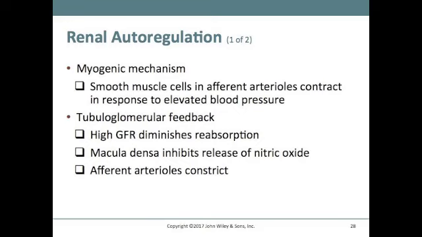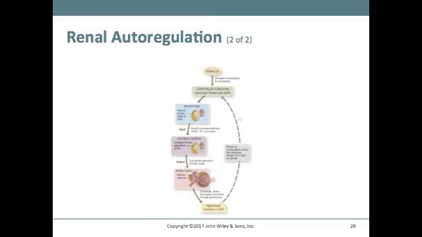Tubuloglomerular feedback operates more slowly than the myogenic mechanism. So here's figure 26.10 on page 1058, and this shows a negative feedback loop of the tubuloglomerular feedback mechanism. See, the macula densa of the juxtaglomerular apparatus provides the negative feedback regulation of the glomerular filtration rate.